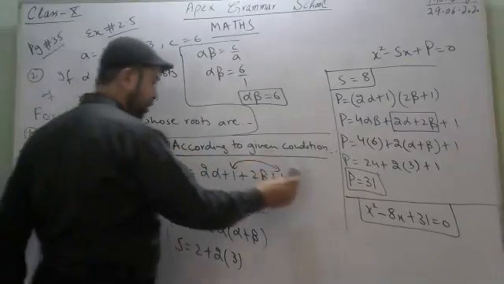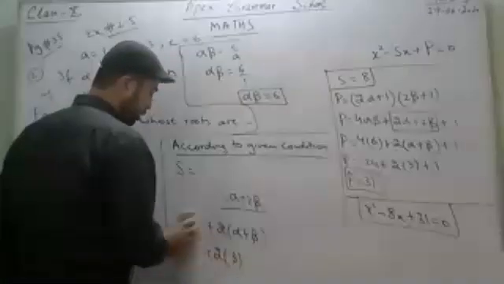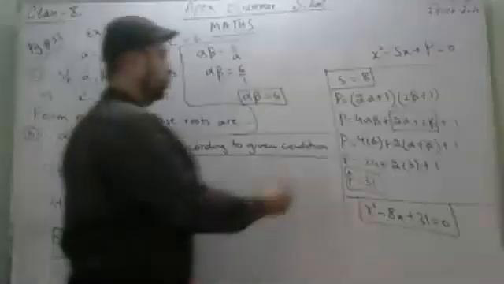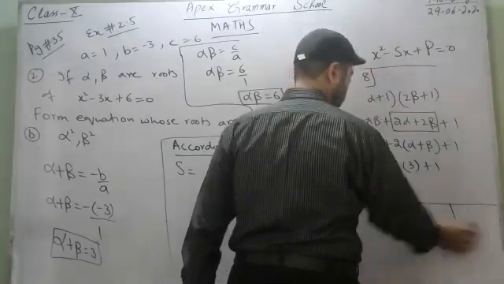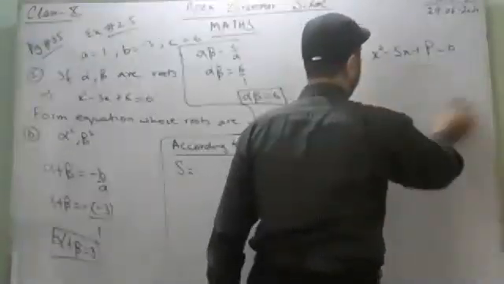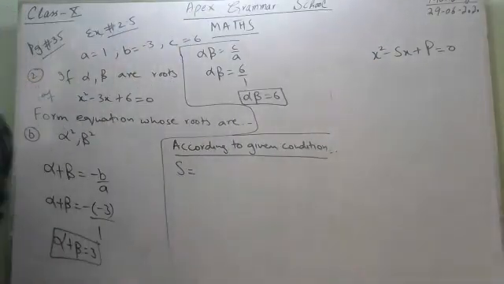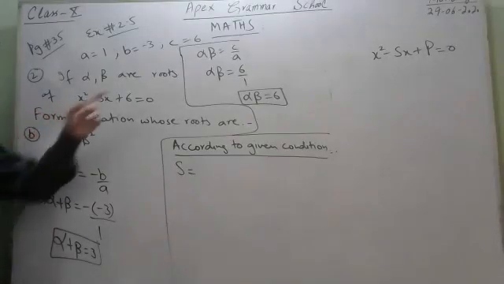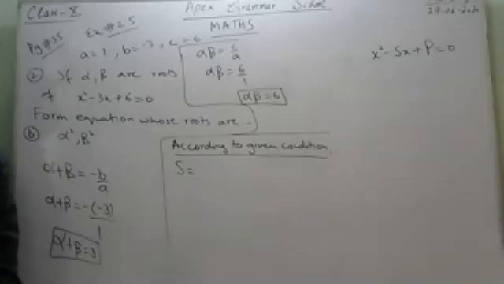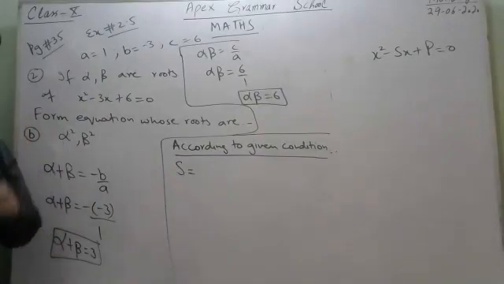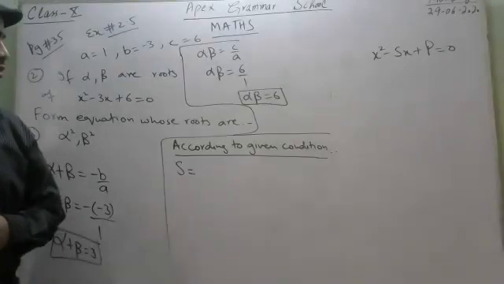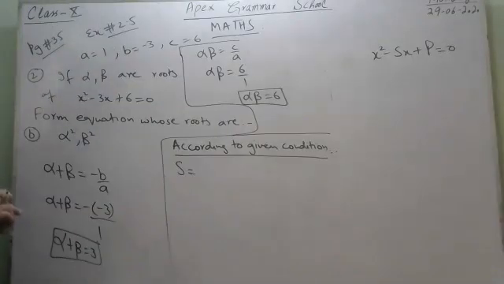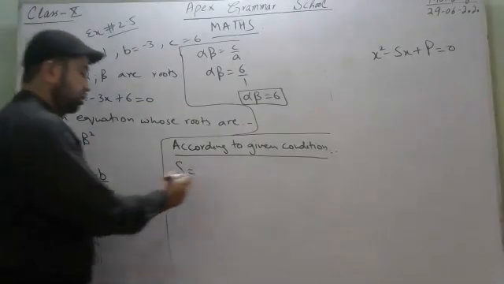According to the given condition, to make the equation x square minus Sx plus P equal to 0, we need capital S and capital P values. First, the sum means the addition of these two roots, alpha square and beta square.